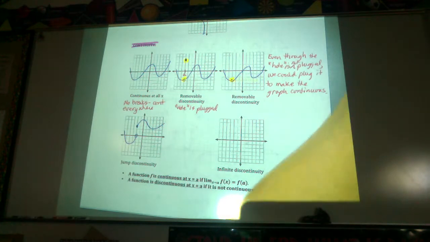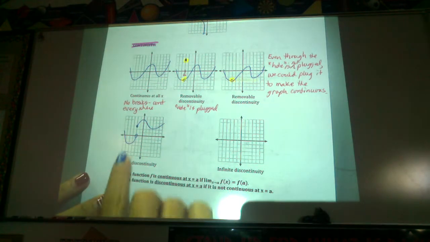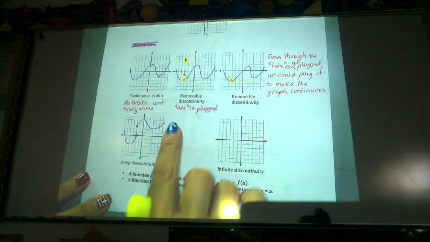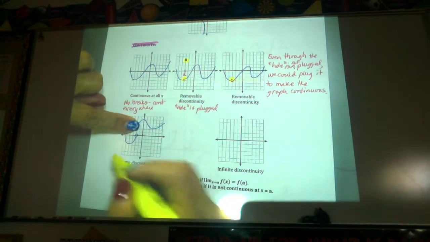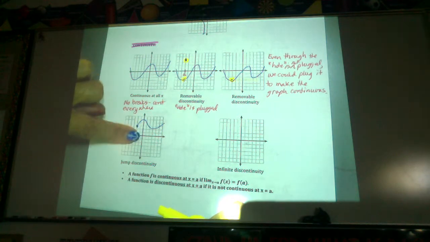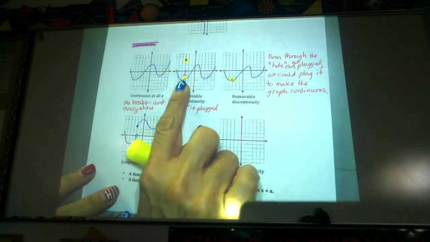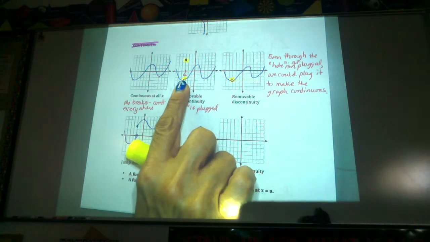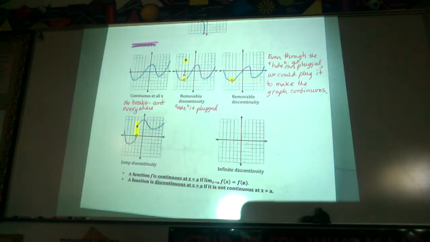The difference between the removable discontinuity graph and the jump discontinuity is the fact that the graph itself is not continuous without the plug. So if I took the hole away, the graph itself is not continuous. Whereas if I took the hole away here and the plug, the graph itself would be continuous. So because we have this jump, this space in there, that causes the jump discontinuity.